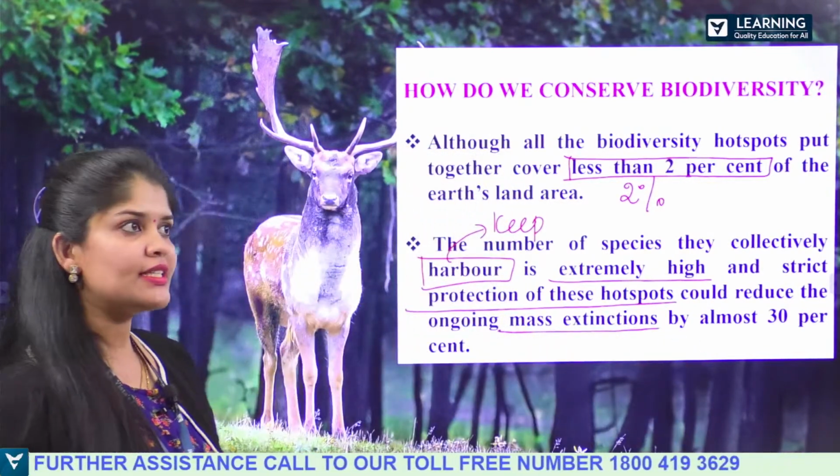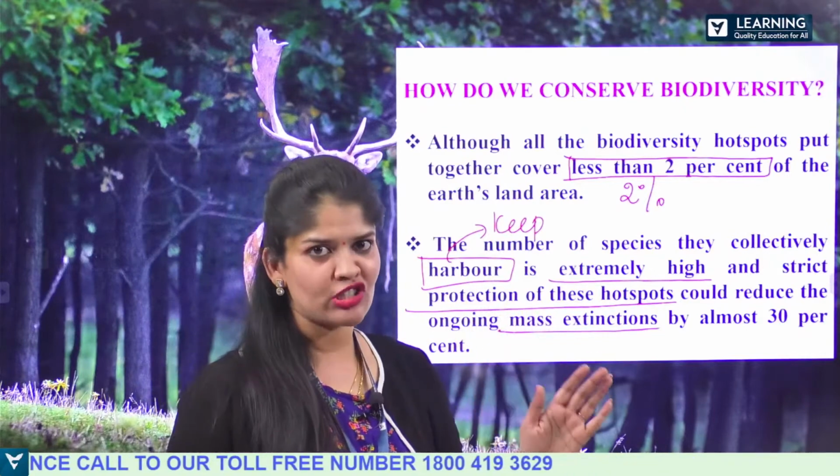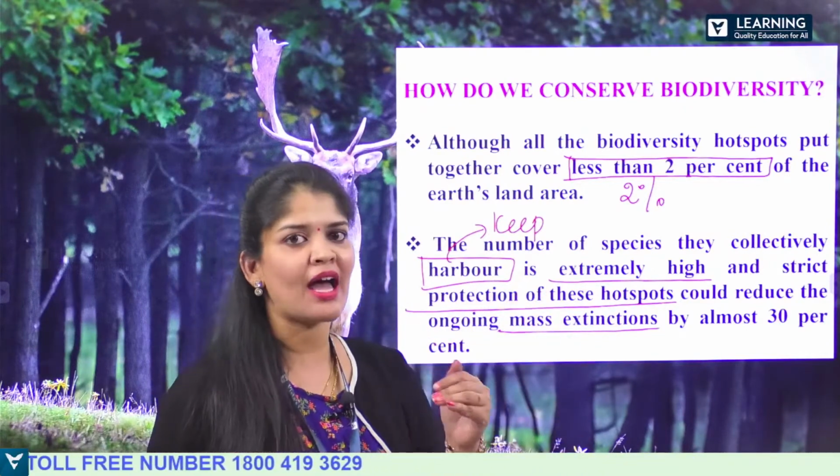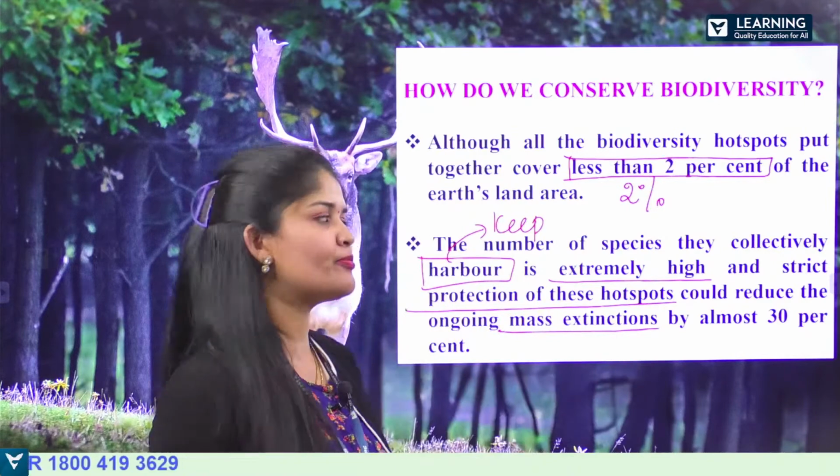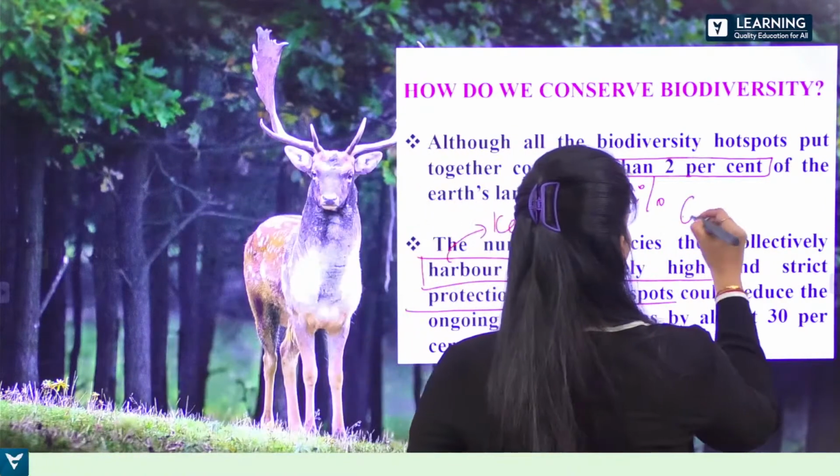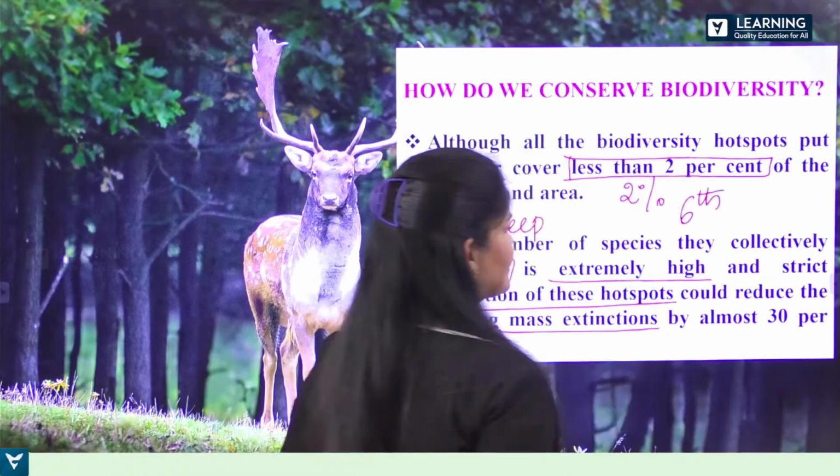See, we already discussed that 5 episodes of mass extinctions have already happened before man came into the scene. And now presently we are at the 6th episode, the 6th extinction, right?